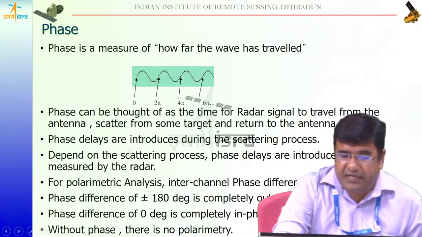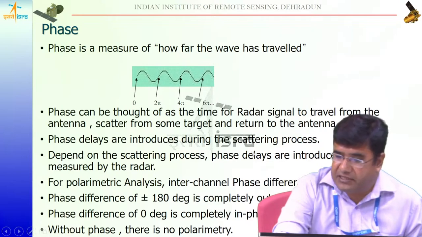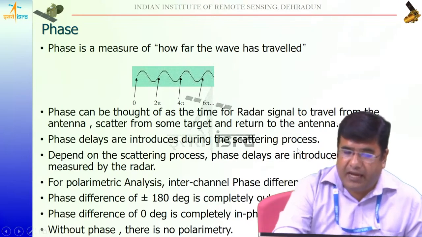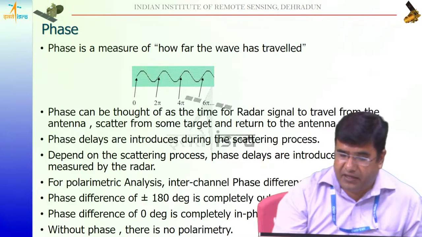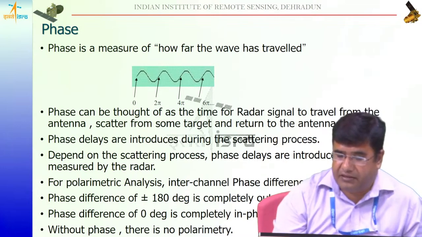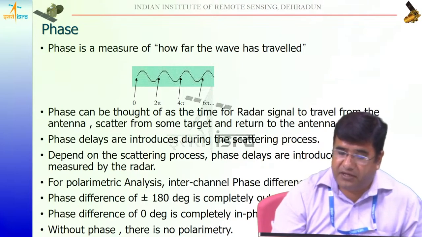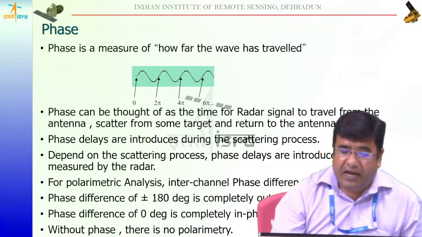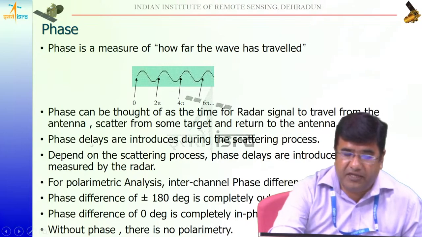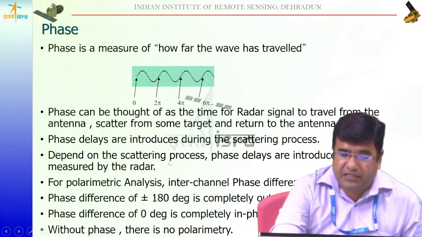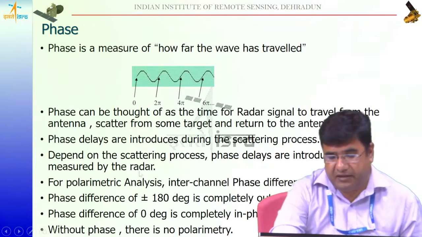Then these phase delays are introduced during the scattering process. If it is interacting with different Earth surface targets, it will cause phase delays. Depending on the scattering process, phase delays are introduced and measured by the radar.